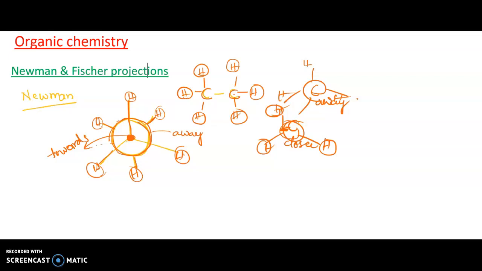Always remember that the bonds coming from the center of the circle are towards the observer, and those starting from the circumference of the circle are away from the observer. This is all about the Newman projection.